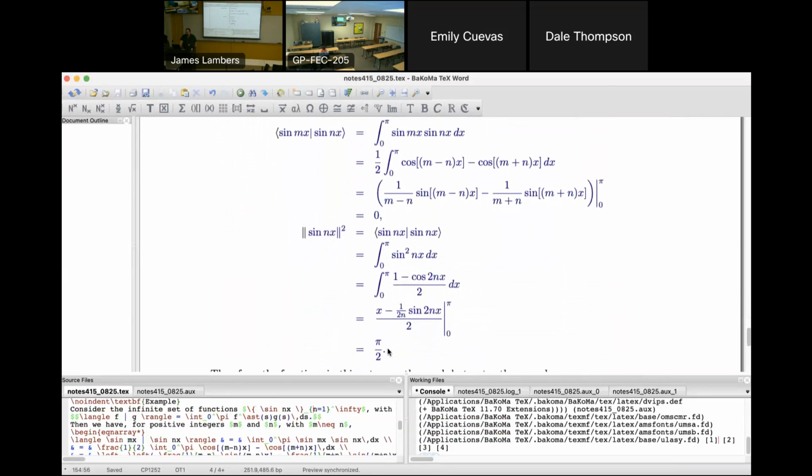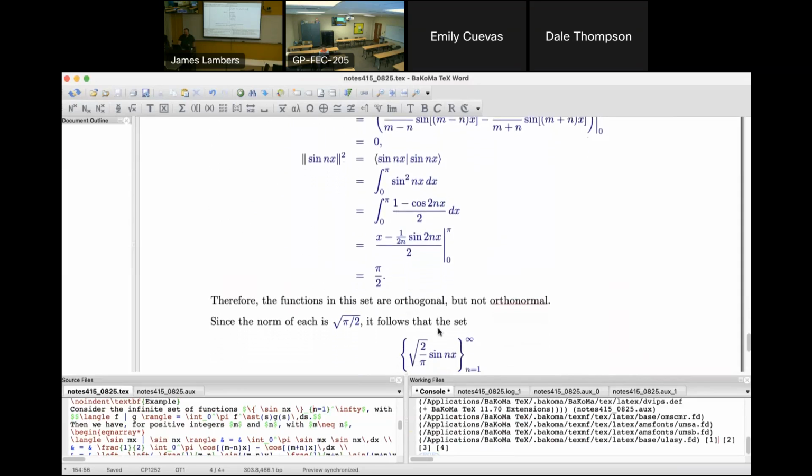And you end up with pi over 2. So that's the inner product of sine nx with itself on 0 to pi, for any such n.